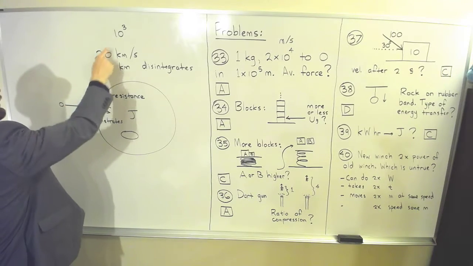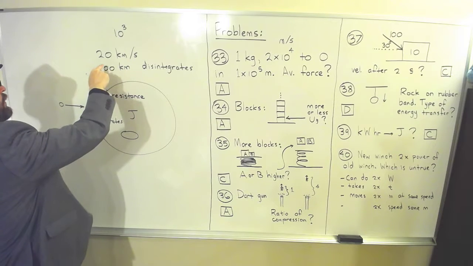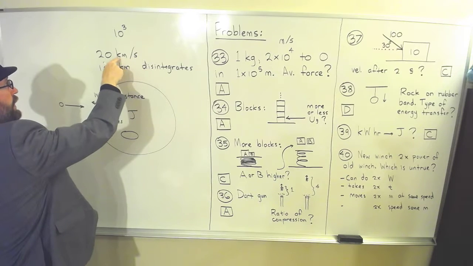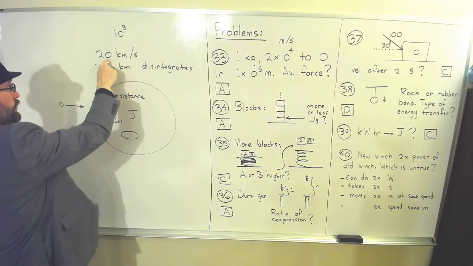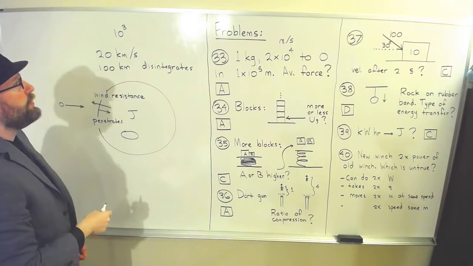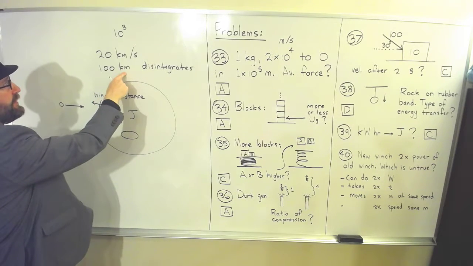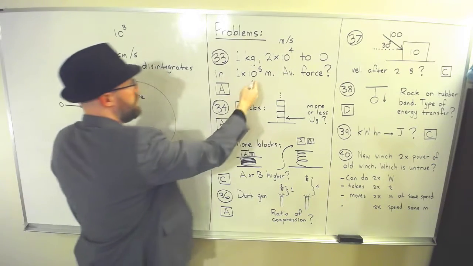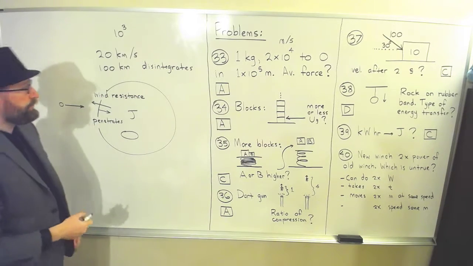So you get a 10 to the 4th for the speed by taking the 10 to the 3rd, which converts kilometers per second to meters per second, and then you multiply that by 20. So there's one more zero, which makes it 10 to the 4th, and then there's a 2 coming from this 2 here. Similarly, the 100 kilometers: a kilometer is 10 to the 3rd meters, and then you add 2 more zeros to change the 10 to the 3rd to 10 to the 5th. So that's what you get here.